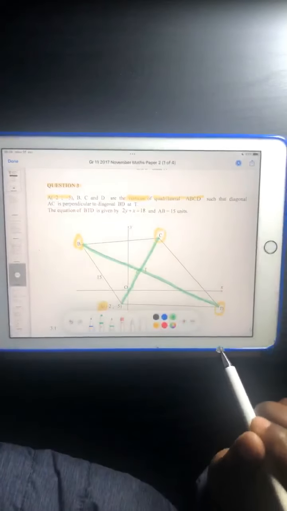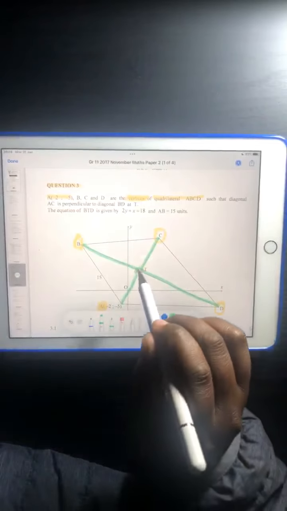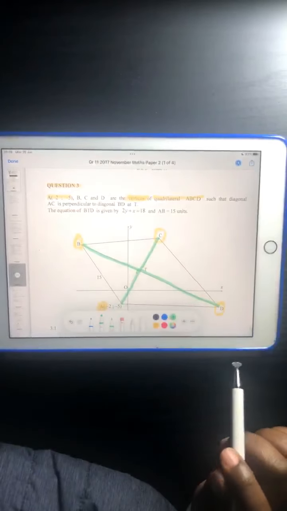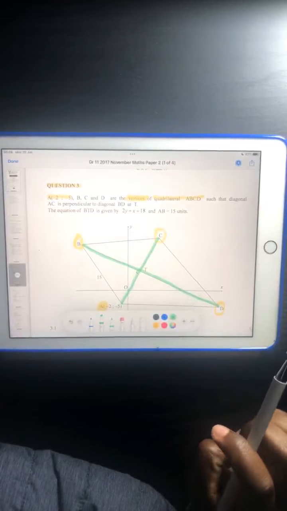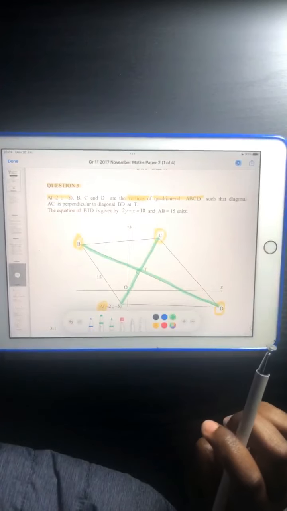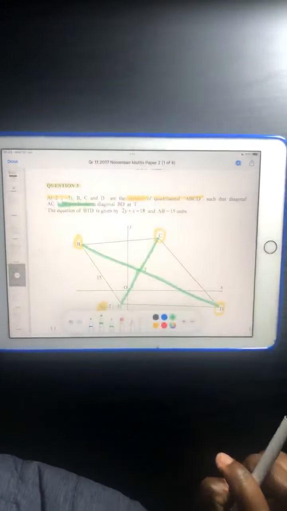Can you see, guys? My Bible has got Moses there, the perpendicular. I'm sure you remember me talking about perpendicular lines. Can you see now? My Bible is up to date, ladies and gentlemen.